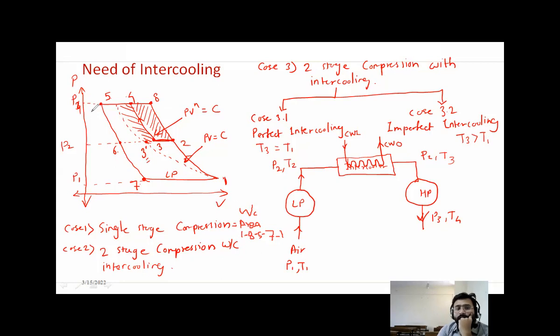So don't draw this 3 dash, this dotted line, this hatch part. Just draw the remaining part, this whole diagram, then 2 to 3 to 4. Then between this hatch portion, show this much.